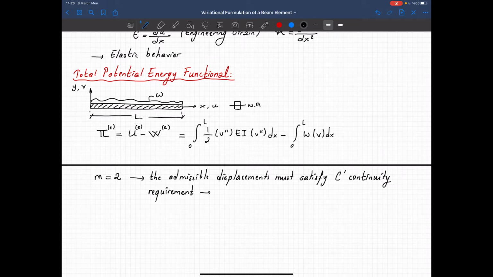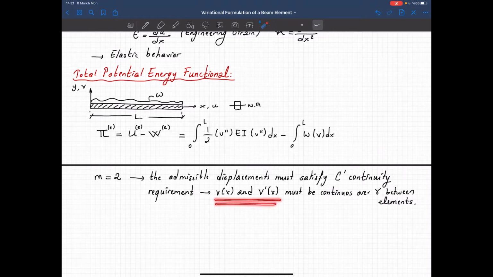So this tells me that v of x as well as v prime of x must be continuous over and between elements. Okay. Now we can define the beam element now. So the trial function that I should choose must satisfy this condition, or it should be a C1 continuous trial function.